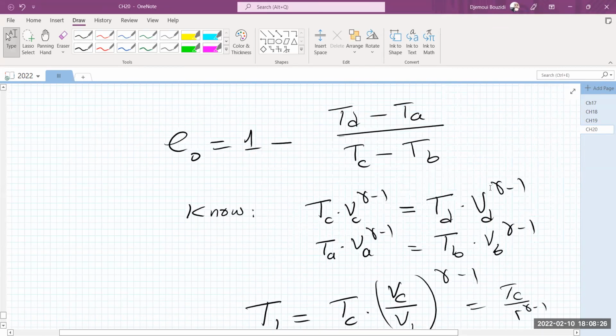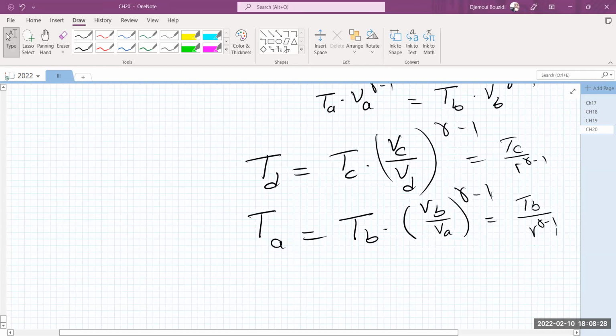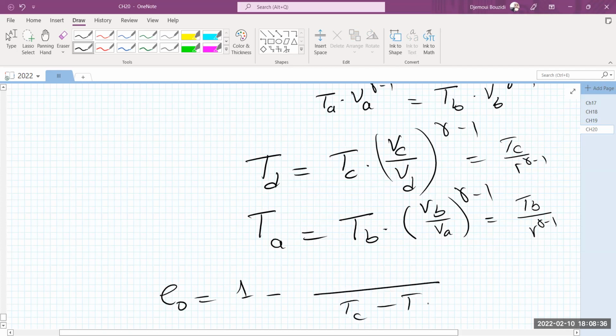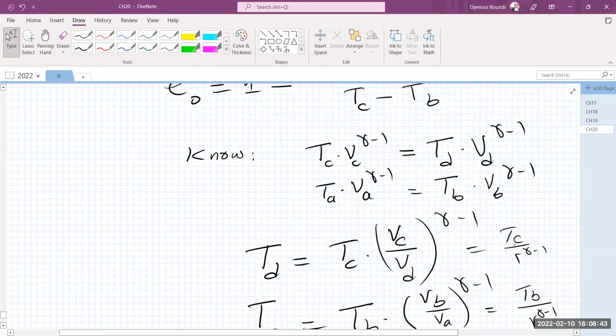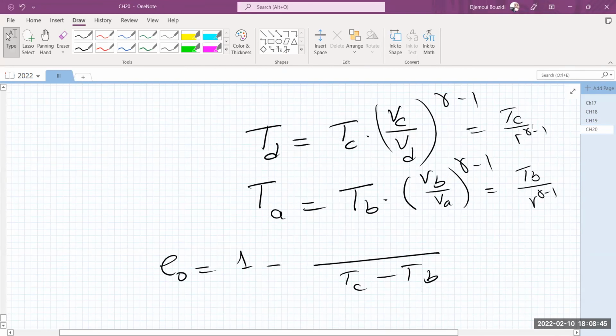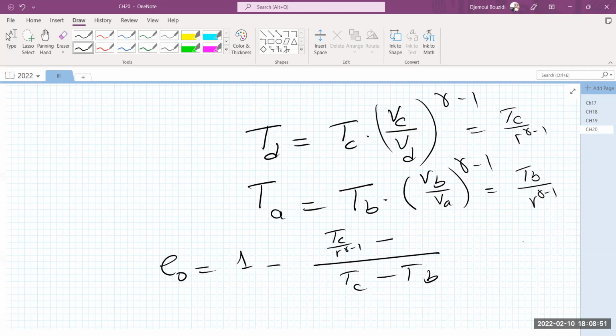So let's go back to this efficiency and put the values in here for the numerator. So E naught will become 1 minus, first of all, the denominator, I have TC minus TB. The numerator, I have TD. TD is TC over R to the power gamma minus 1 minus TA, and TA is TB over R to the power gamma minus 1.